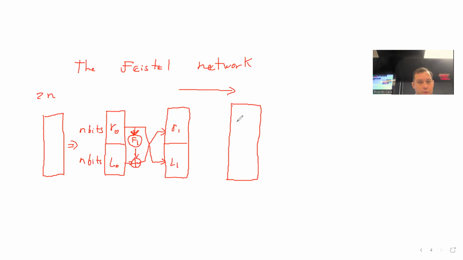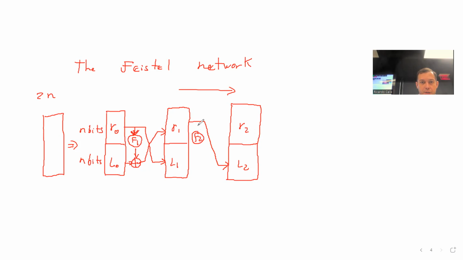So let's do, remember the blocks are still n bits. That hasn't changed. So this is R2 and this is left 2. Okay, so the same idea would apply. Now R1 just kind of slides down and becomes L2. Okay, and then here we have another function F2, right?